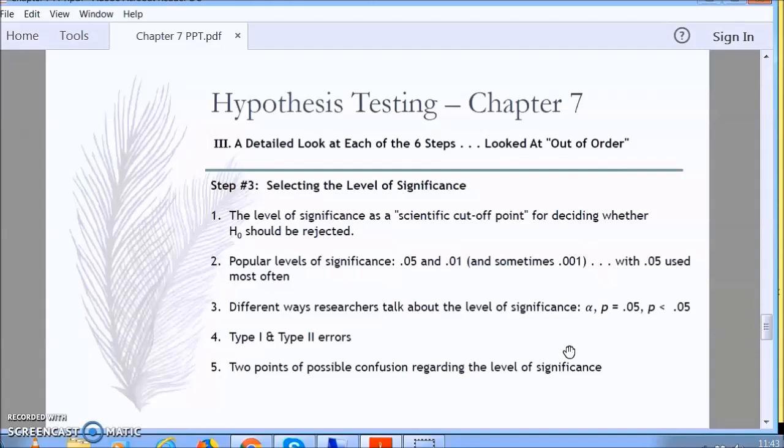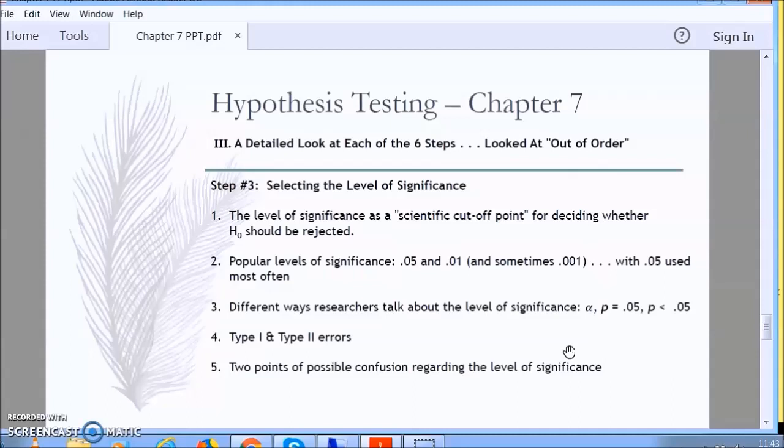If you choose your level of significance to be like 0.001, and some researchers do choose that, but if you choose it to be too rigorous, like 0.00001, you come into type 2 errors, because you would not reject the null hypothesis when it is actually false. So this is the balance the researcher has to strike in deciding the level of significance.